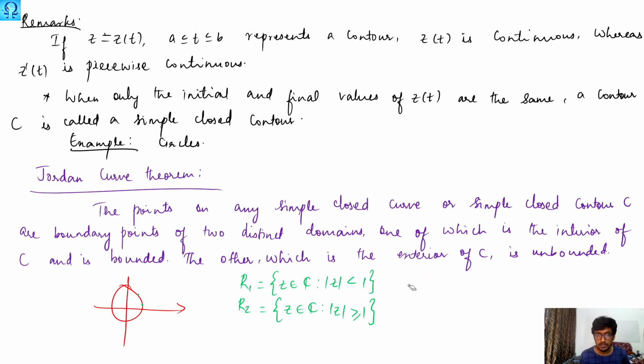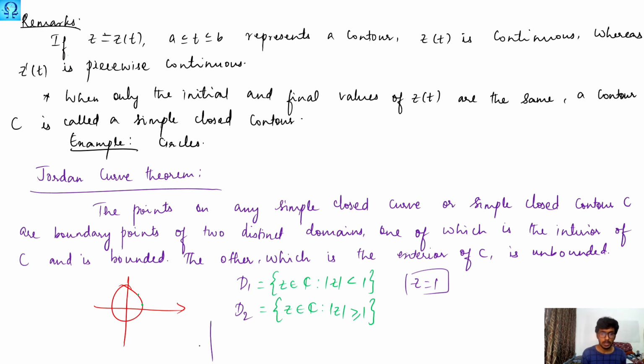If you choose the point z equals 1, in this case it is a member of region 2, but it is not a member of region 1. So instead of telling it as a region, we may consider it as two different domains. Your simple closed contour splits your entire complex plane into two domains.